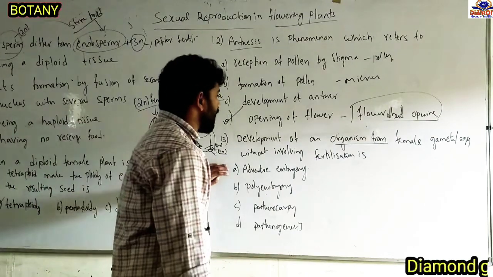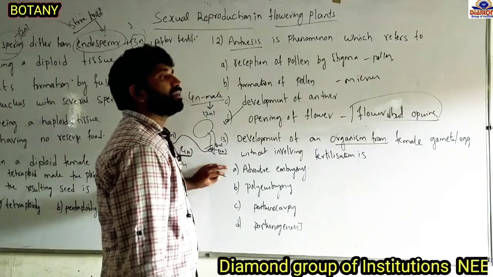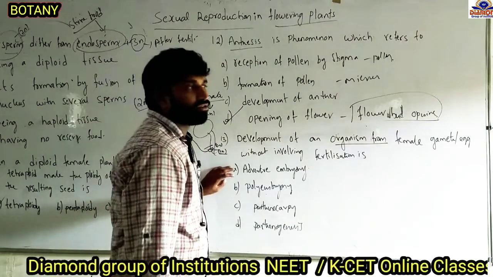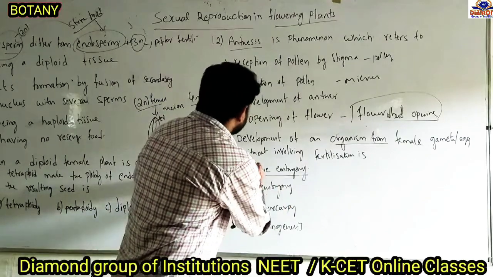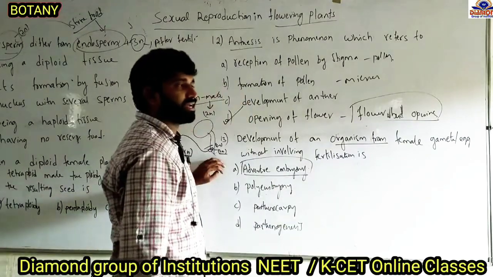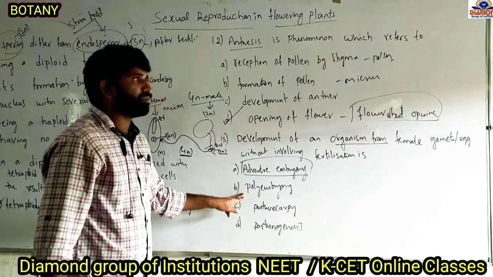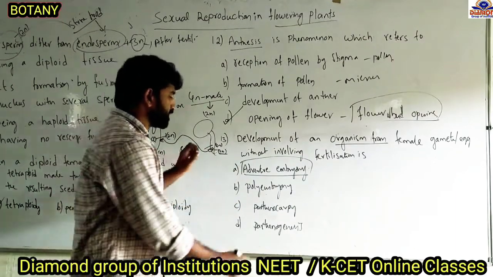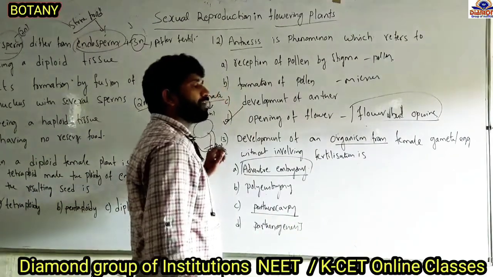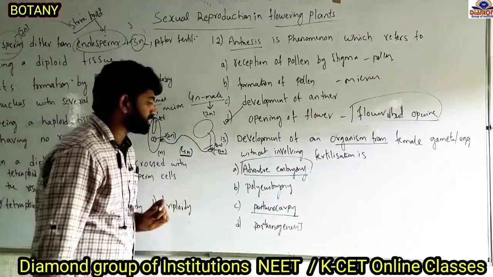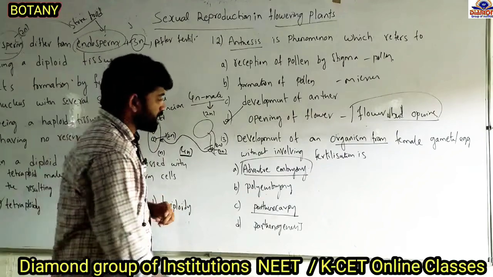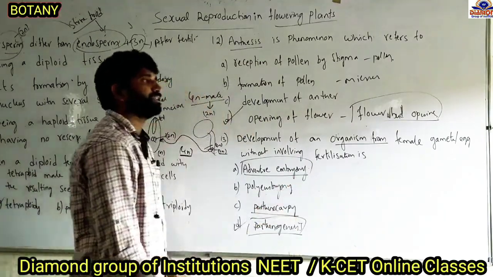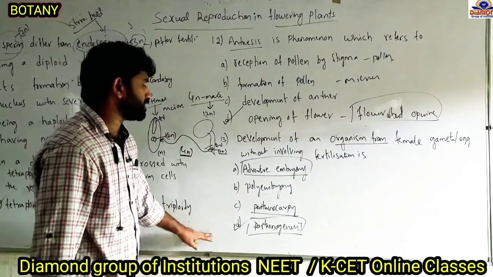Options are given as adventive embryony: development of the embryo other than from the egg or zygote. Polyembryony: formation of many embryos. And parthenocarpy: formation of fruits without fertilization is called parthenocarpic fruits. And parthenogenesis: formation of new individuals without fertilization.